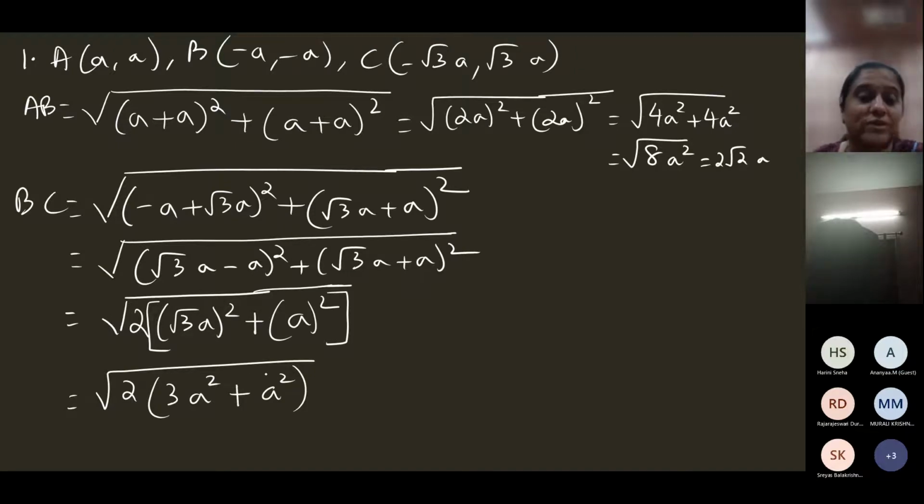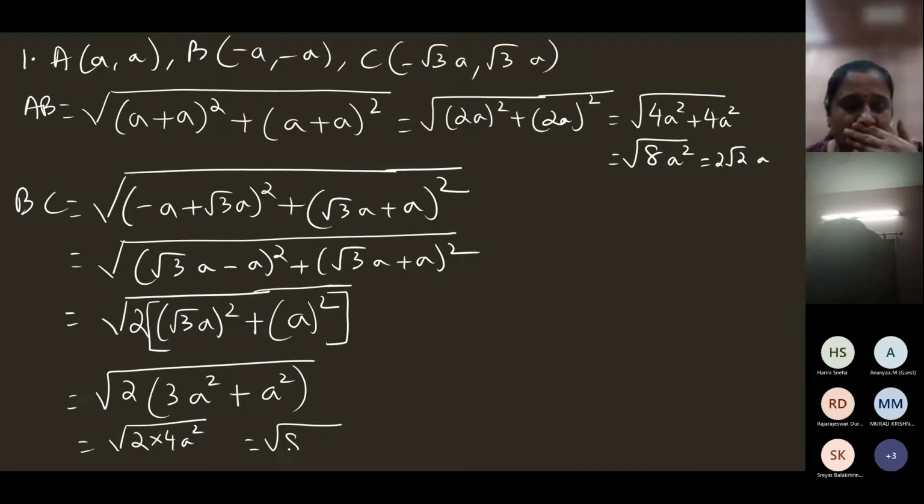That's what I said, 2 of A square plus B square. All right. So that's equal to root 2 into 2 into 4A square, so 2 root 2A units.